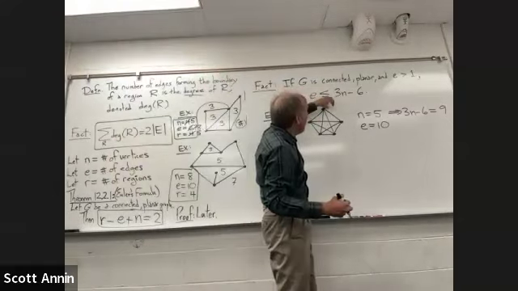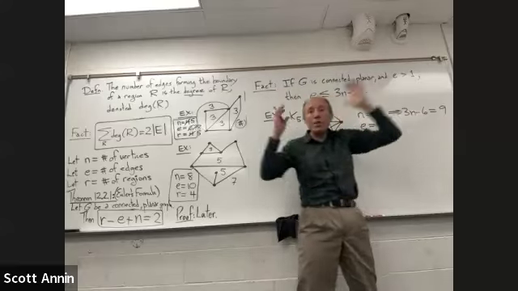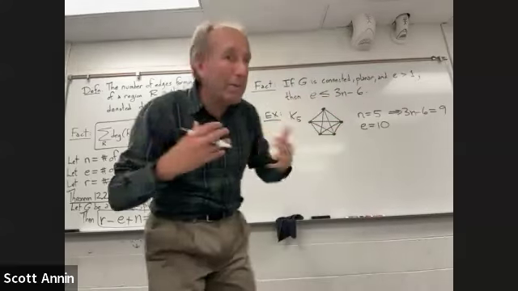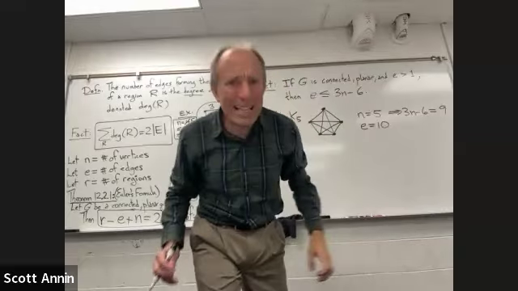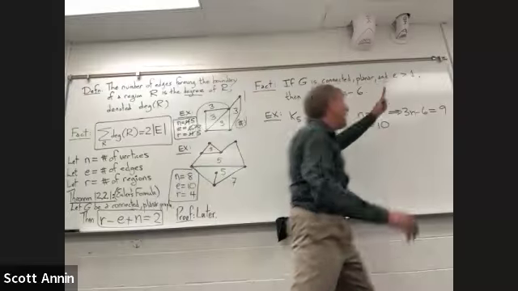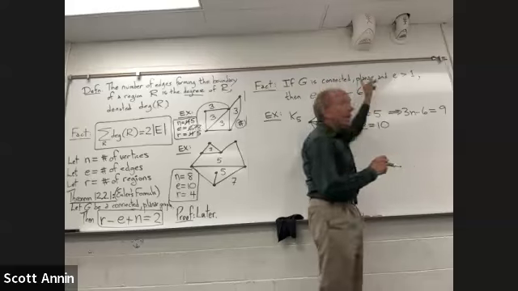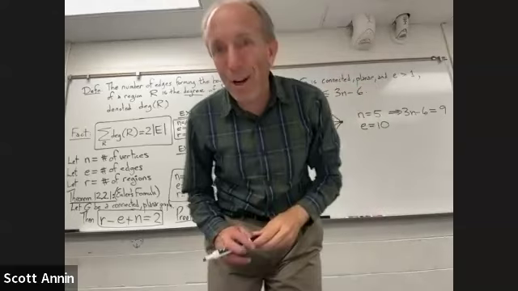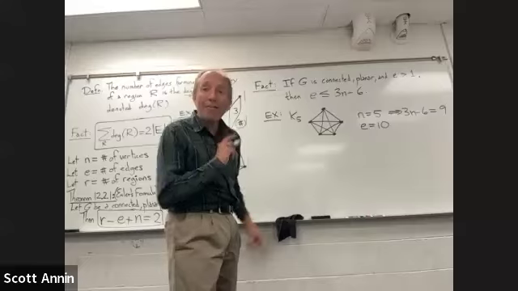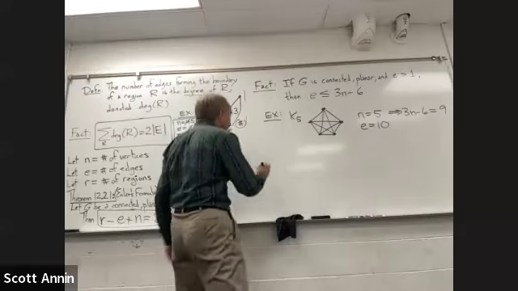This inequality fails, which means the assumption fails. Well, obviously this graph is connected, so that's not what's going wrong. It obviously has more than one edge. The only thing that could possibly be going wrong right now is that this graph, K5, is not planar.